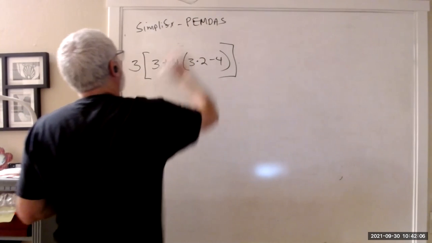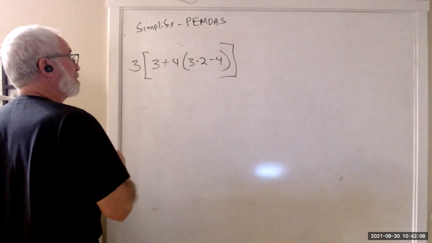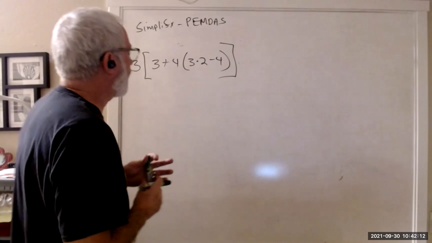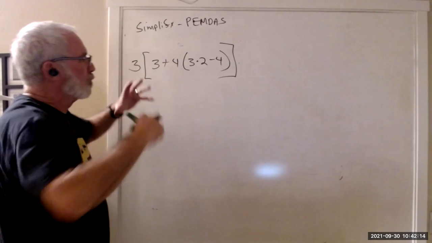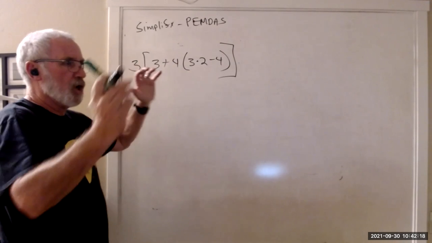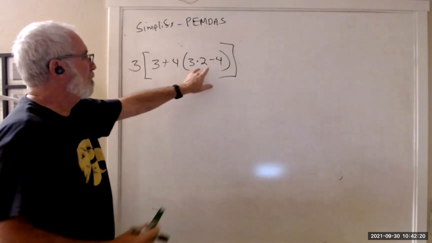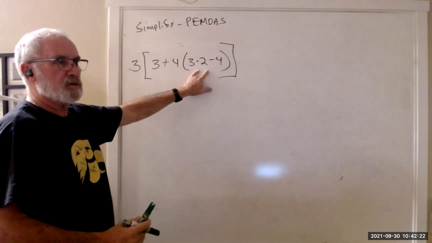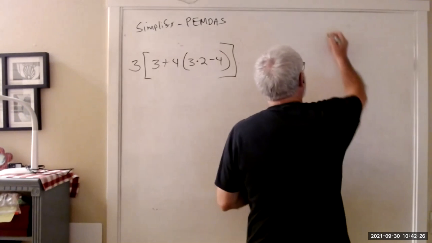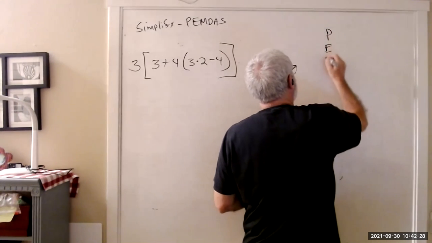You know what I mean when I say PEMDAS? Yeah. Okay, so in PEMDAS, when there's a bunch of grouping symbols, which there are, brackets and parentheses, we always start on the inside one first. Okay, so we're going to do in here, but let's go back over PEMDAS for a second.